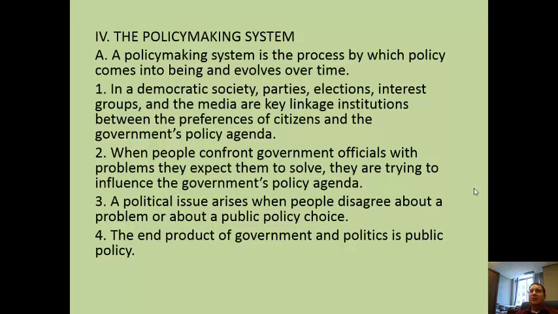When people are trying to impact a policy, they're trying to change the policy agenda. So if there's an existing policy and we don't like it or we want to change it, or we've tried to change it over and over again and this is our latest attempt, that's an attempt to get onto the policy agenda, right? The government can only look at and deal with so many things at one time.